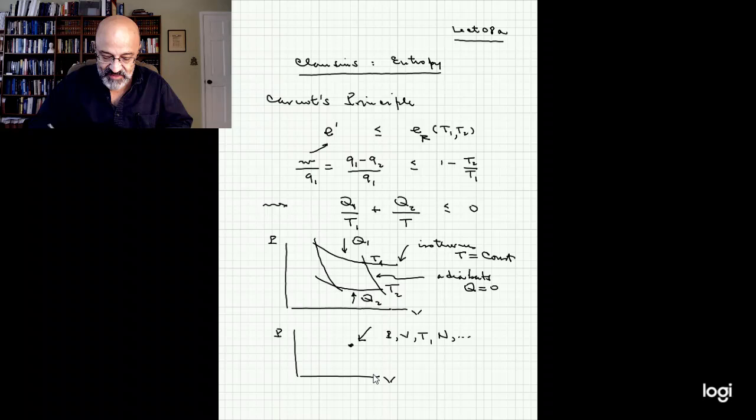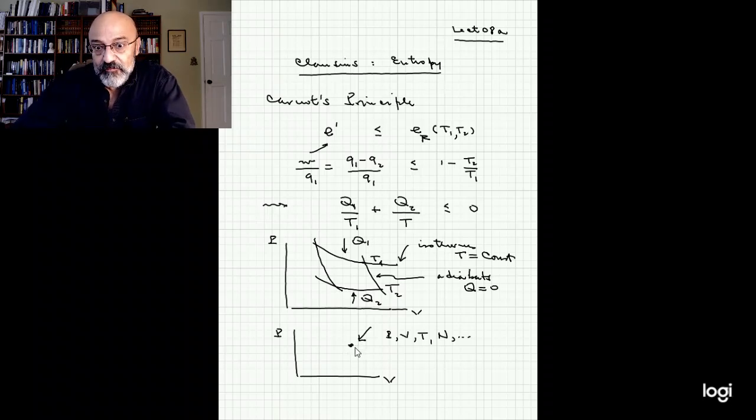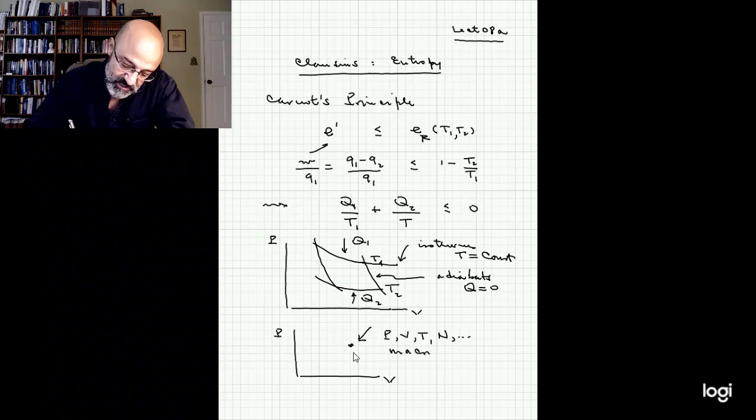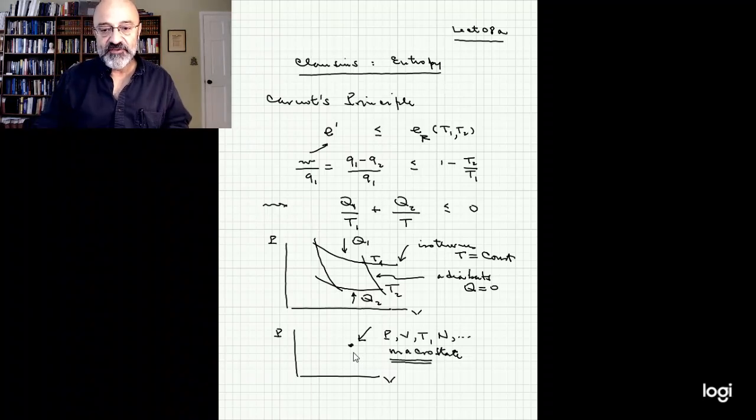Because you have had previous courses on statistical mechanics, you probably know that a point in such a space really reflects a situation of thermal equilibrium described by a Boltzmann distribution or a Gibbs distribution. Same thing, basically. So the crucial thing is that this describes a macro state, a state described purely in terms of macroscopic variables.